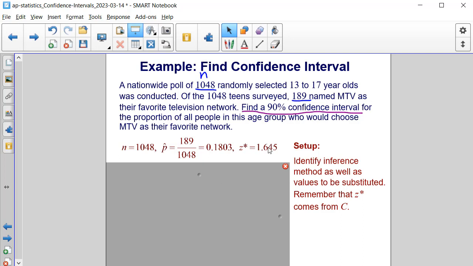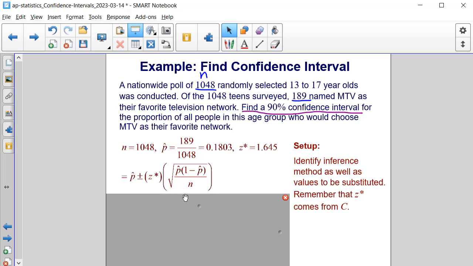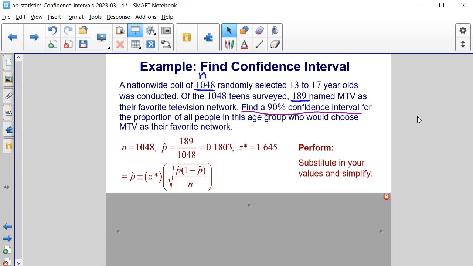So because we have a sample proportion, the inference method or formula used is going to be p hat plus or minus the Z star value times the square root of the quantity p hat times 1 minus p hat, all divided by n. And now we can perform the desired mathematical processes, which are to substitute our values into the formula and then simplify.